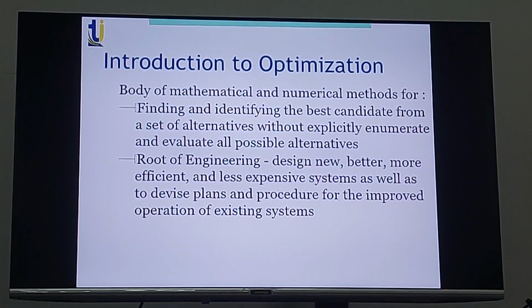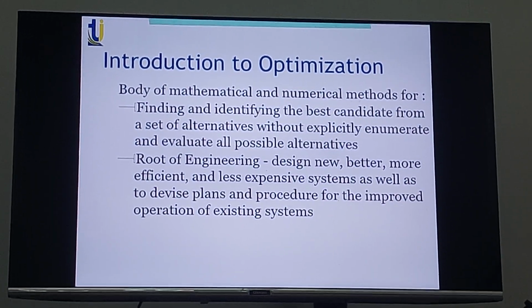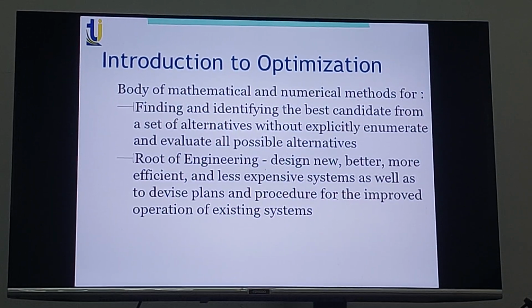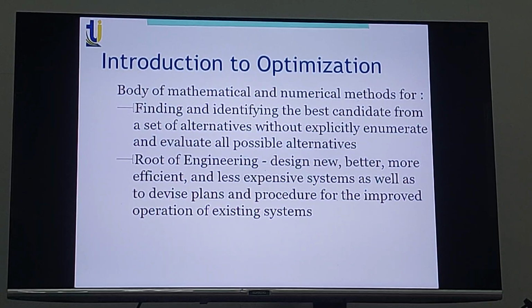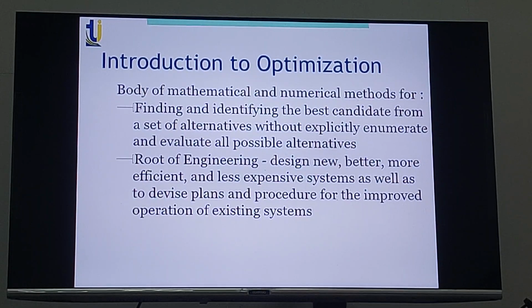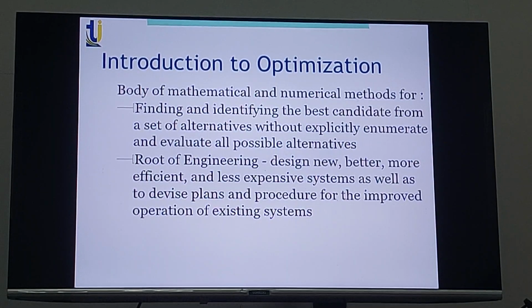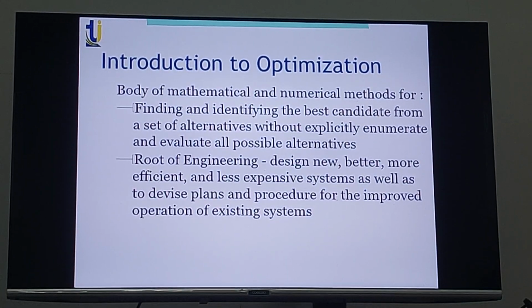And as an engineer, especially an industrial engineer, after finding the problem, you need to find a solution. But how? Using this optimization, you transfer the problem that comes from interviews and surveys into a mathematical model.